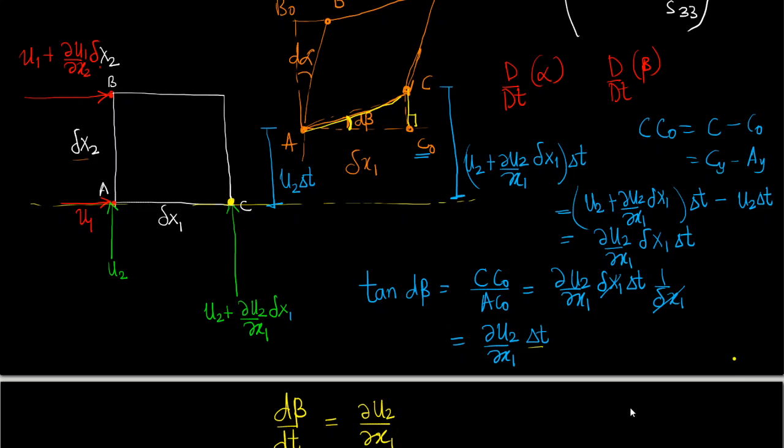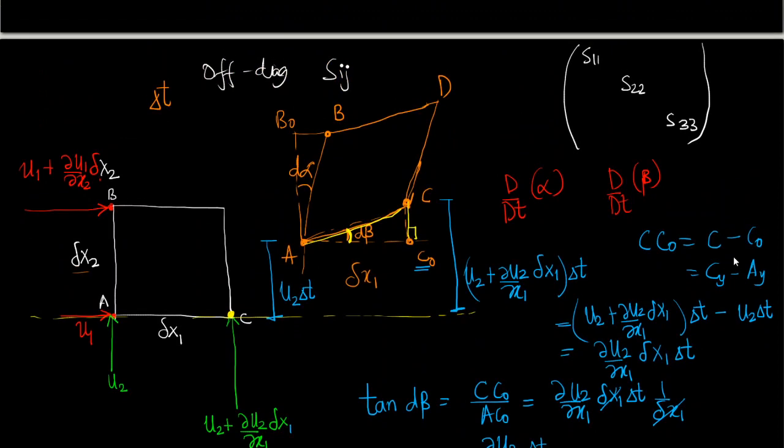Let us now look at what the rate of change of d alpha would be. For that, let us look at this particular diagram once again.